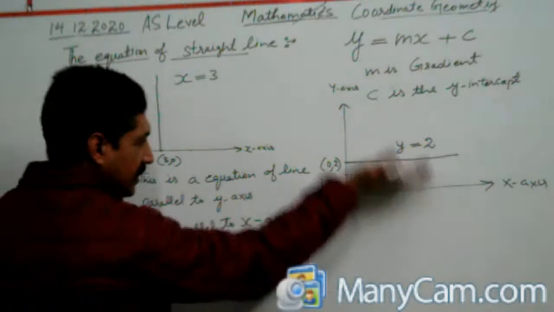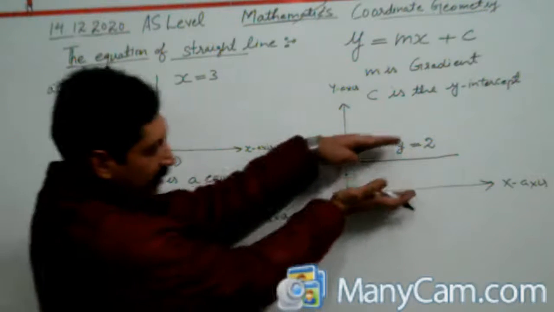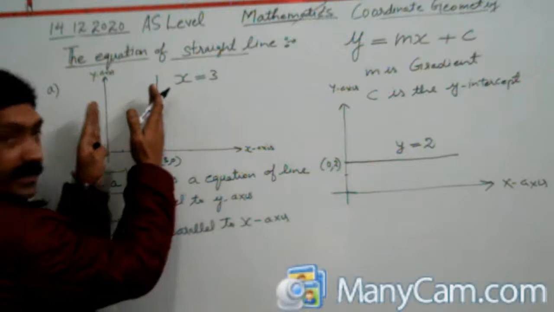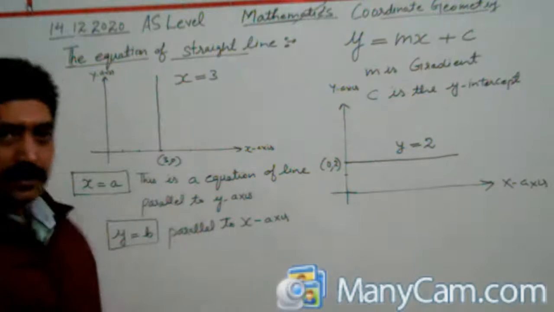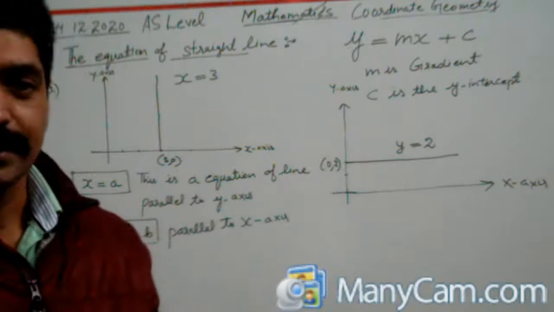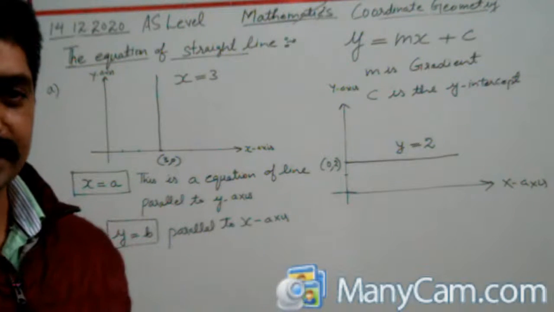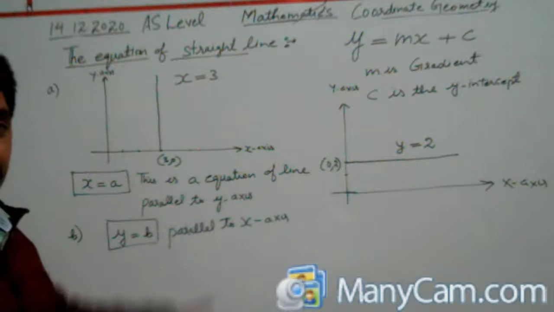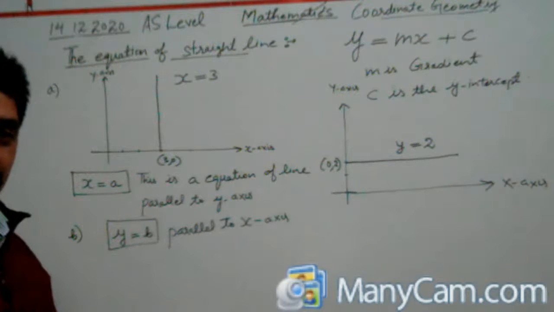This is the x-axis. These two lines are parallel to the x-axis, and the line parallel to the y-axis is perpendicular to them, right? So x is equal to a is a line parallel to the y-axis, and y is equal to b is the equation of a line parallel to the x-axis.